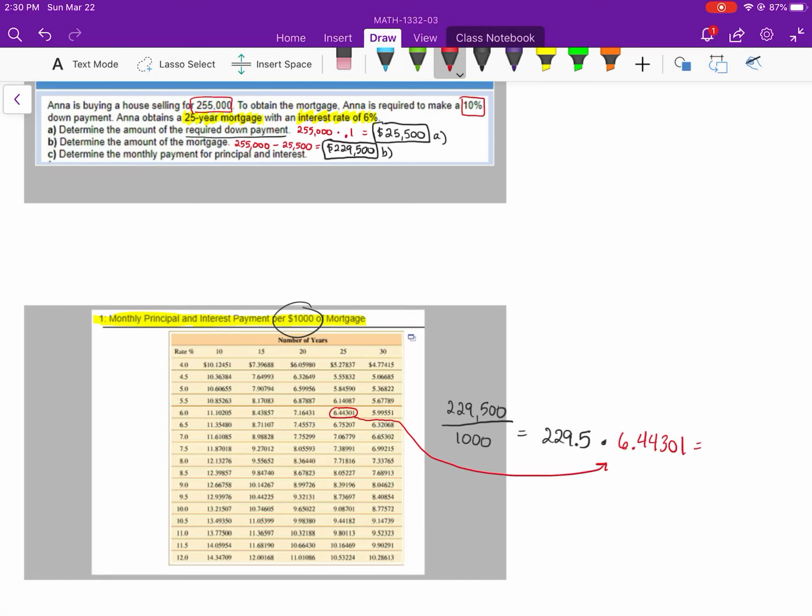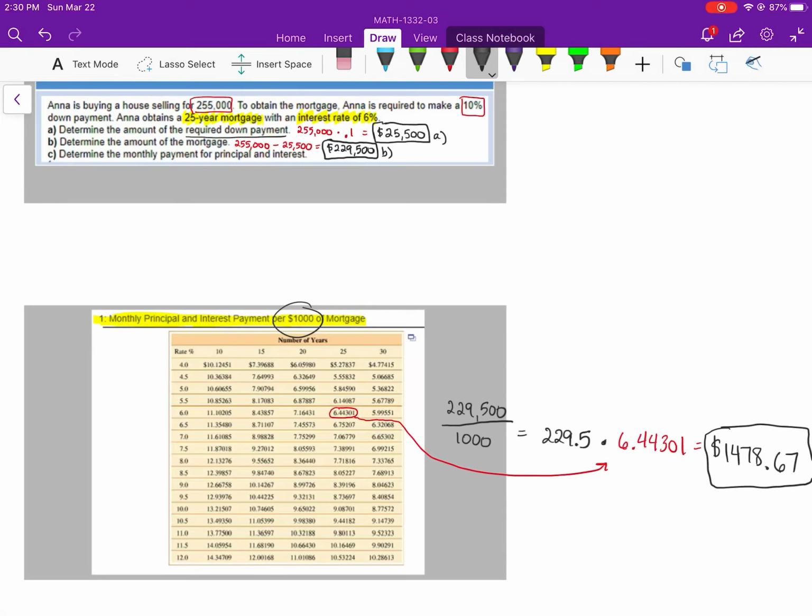All right, so 229.5 times 6.44301 comes out to a grand total of $1,478.67.